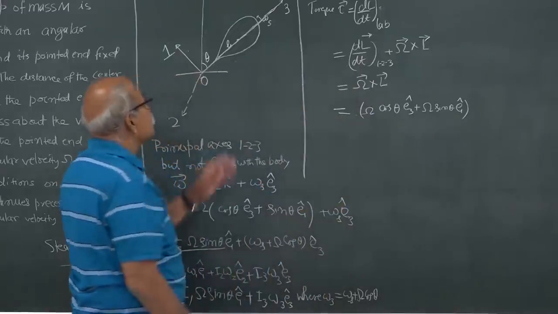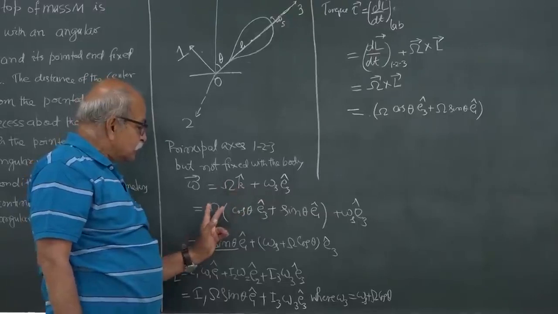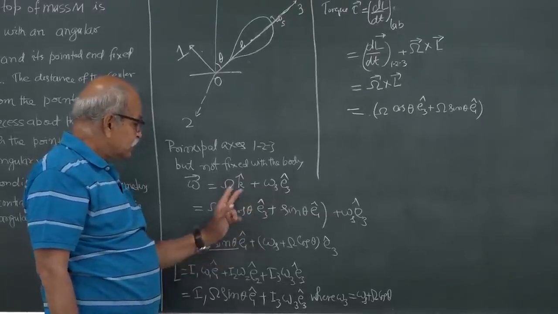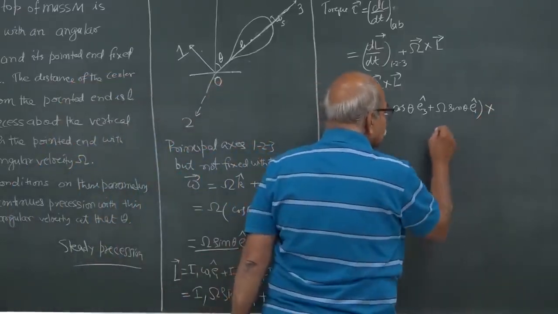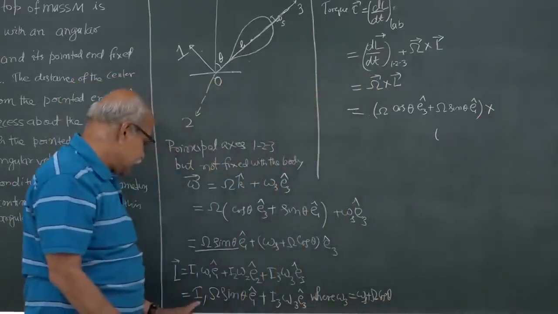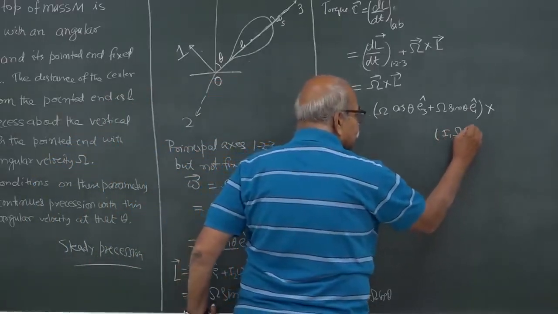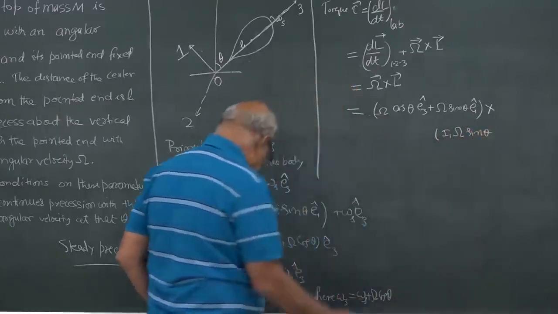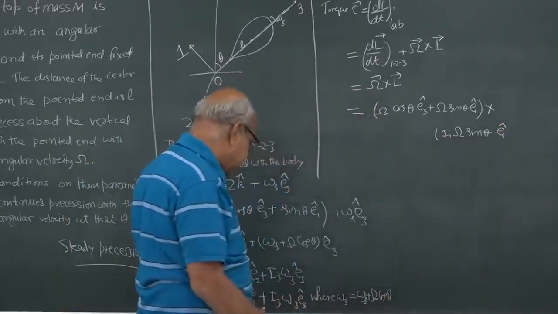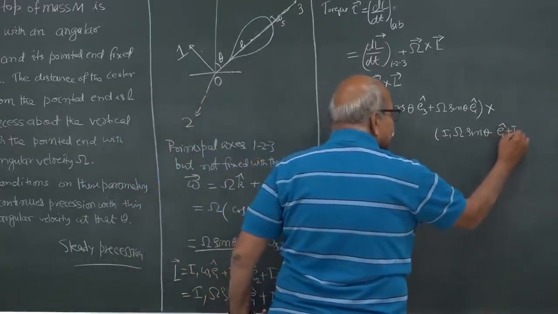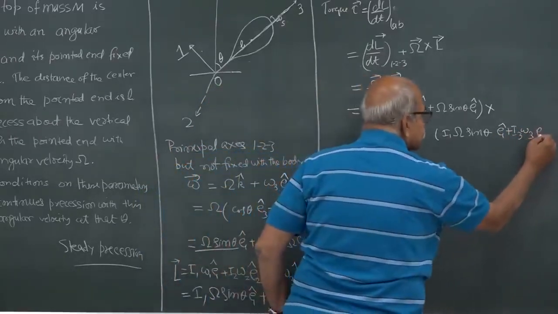This omega is just omega in the k cap direction, and omega in the k cap direction we have already written: Omega cos theta E3 cap plus Omega sin theta E1 cap cross with what? Cross with L, that is I1 capital Omega sin theta E1 cap plus I3 omega 3 in E3 cap.